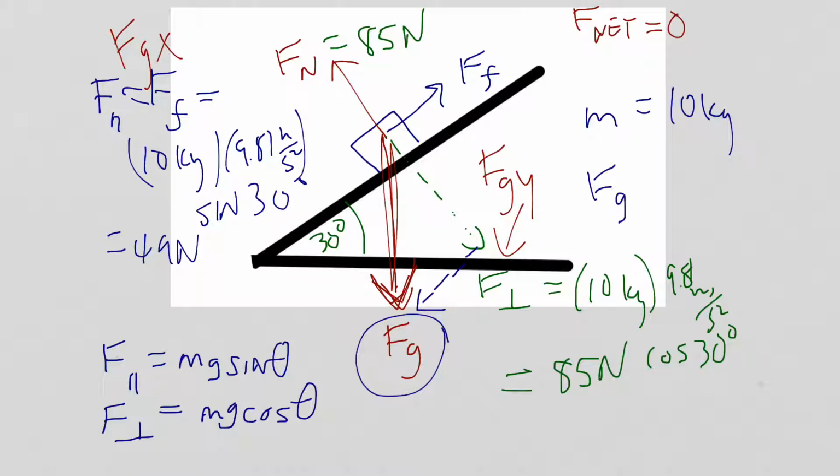The force of friction and the parallel force, or FGX, is the same magnitude of 49 newtons, right? It's the object's own weight that would have it sliding down the incline. But since 49 newtons is the FGX, and 49 newtons is FF, they cancel out, and the F net is 0.